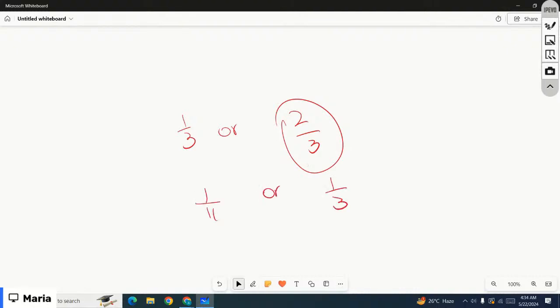Which is greater? 1 by 3 is greater than 1 by 11, because 11 has smaller portions. So the one portion out of 11 is very small, but that portion 1 by 3 is greater.